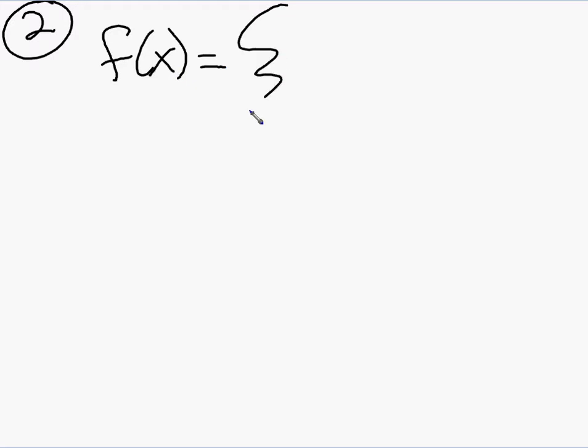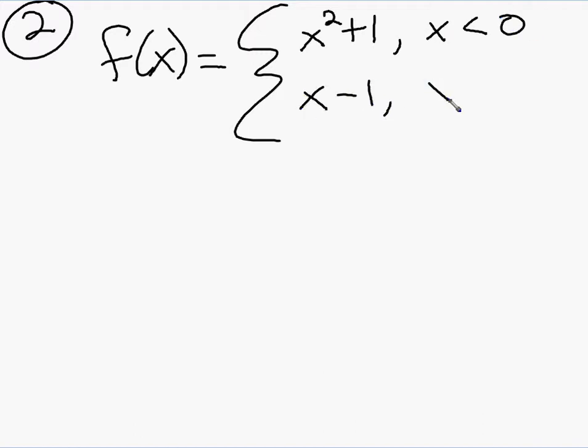Now, what about this type of function? And I don't know if you have seen this type of function in your Algebra 2 days, but this is called a piecewise function. And I will explain it after we get it written down.